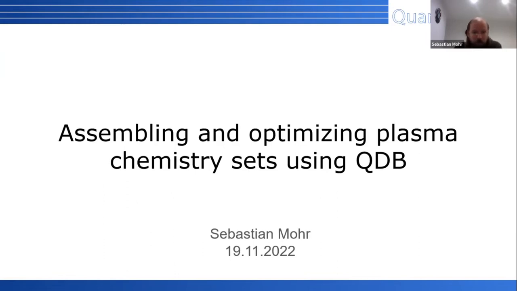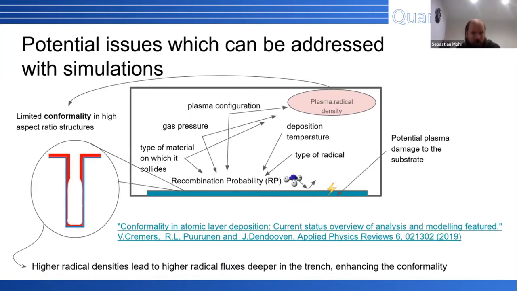And to give you maybe a small motivation on why you want to do simulations and why you need good chemistry set data: if you want to simulate a plasma process, you usually have a plasma in which you generate ions and neutral radicals, which then diffuse to the surfaces, react there with the surface, and then you get, for example, such etching profiles.